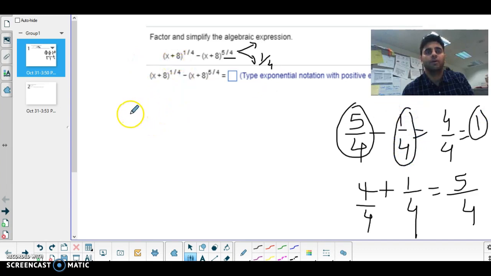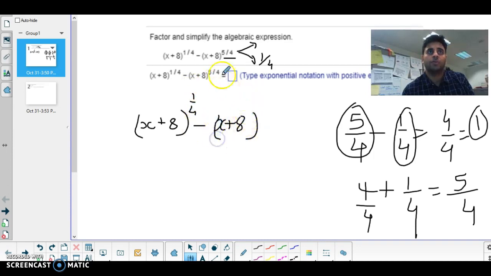Alright, so if I break it into two factors, the first term is going to be as it is, (x plus 8) to the power 1 by 4 minus (x plus 8) to the power, of course I found 1 by 4, right? So 1 by 4 multiply (x plus 8) to the power 4 by 4, which is equal to 1 or nothing.